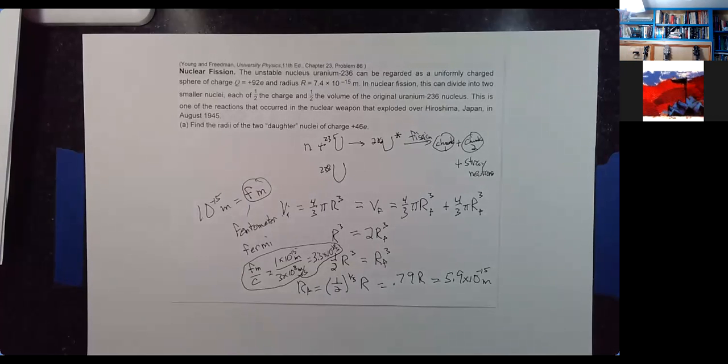What we did last week was figure out the radius. We had a uranium-236 nucleus that fissioned into 2 equal sized pieces, each with half the charge and half the volume. This isn't quite realistic.